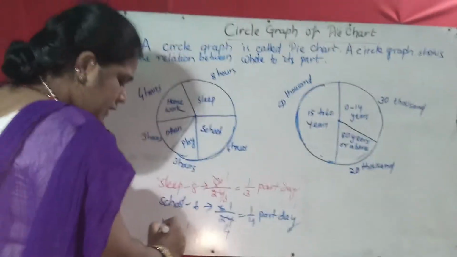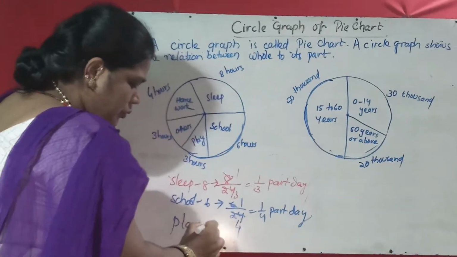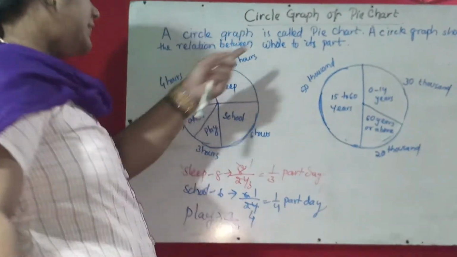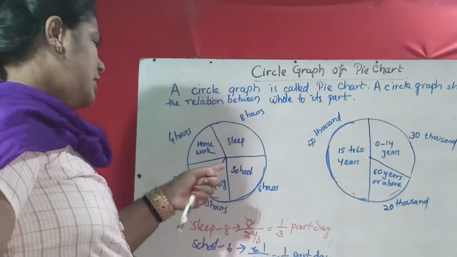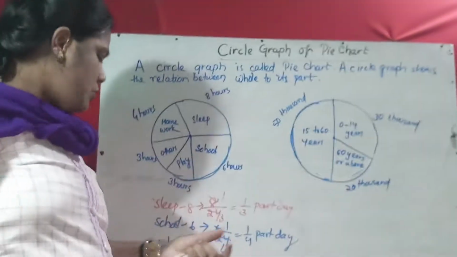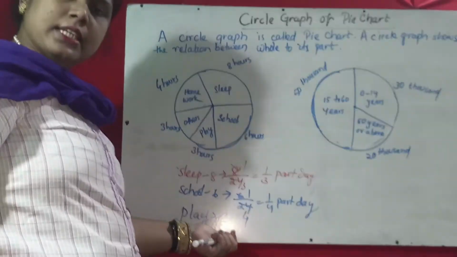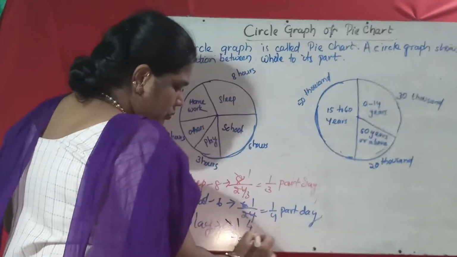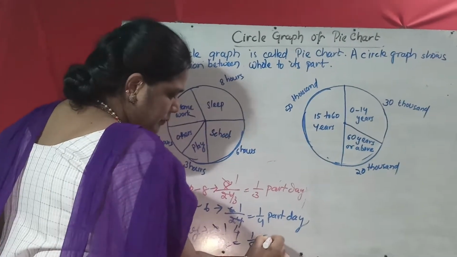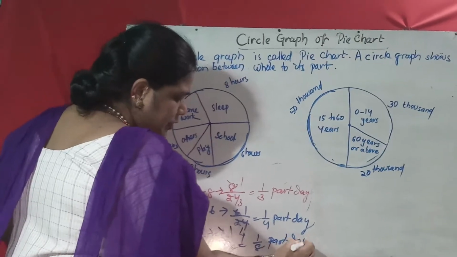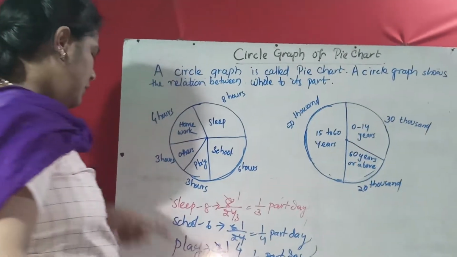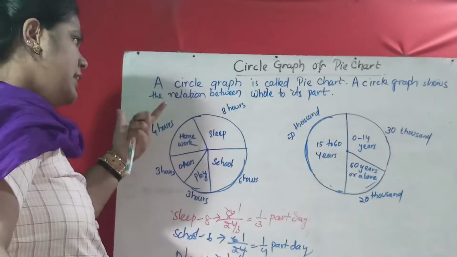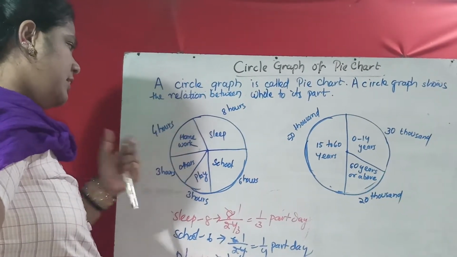So it's also a proportion. The pie chart shows the proportion of the part to its whole. The part is 3 hours, the whole is 24 hours. 3 times 1 is 3, 3 times 8 is 24. That is 1 by 8 part of the day the boy is spending for play. Okay. So this is what the pie chart or circle graph shows.